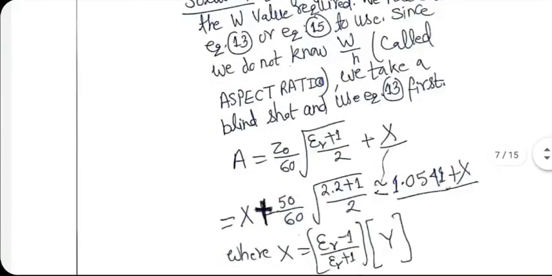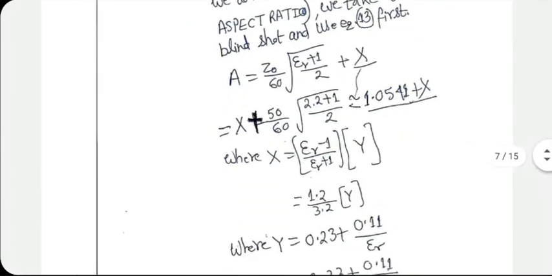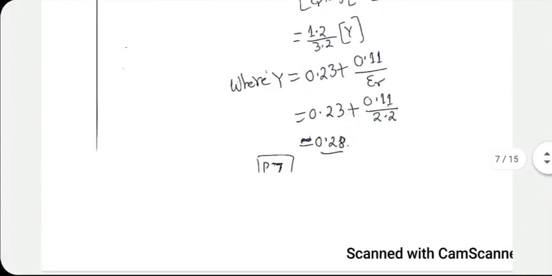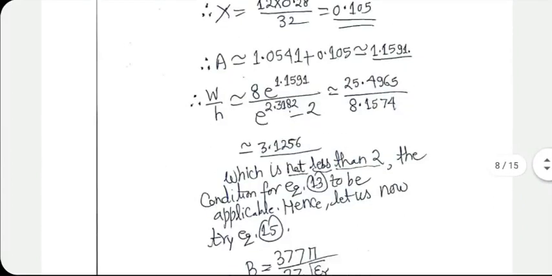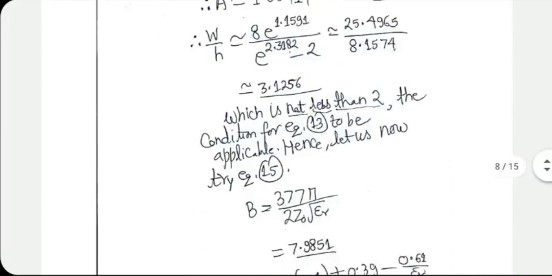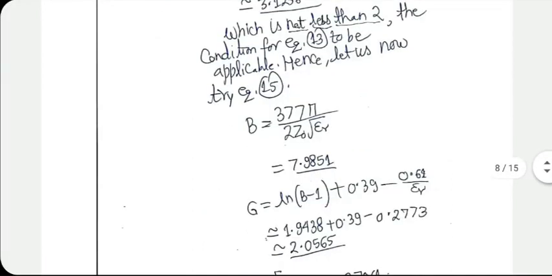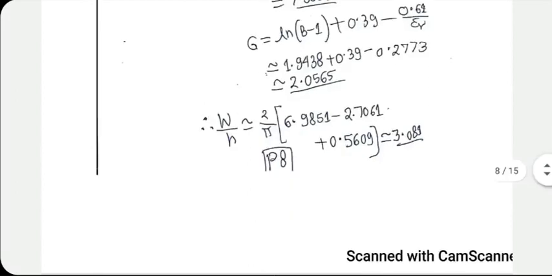Usually a MATLAB program does all this and it also makes the decision which equation to use. But in the exam, that's not possible. You'll have to do it manually. So we have figured out that W by H is 3.089. Sorry, 3.081, my mistake.